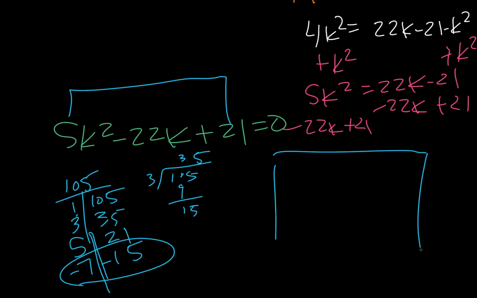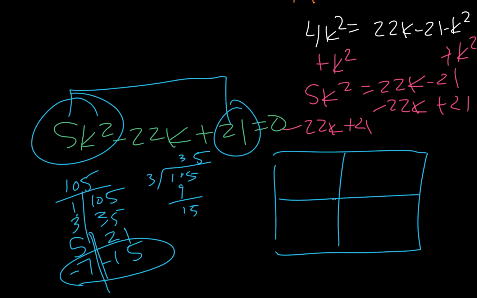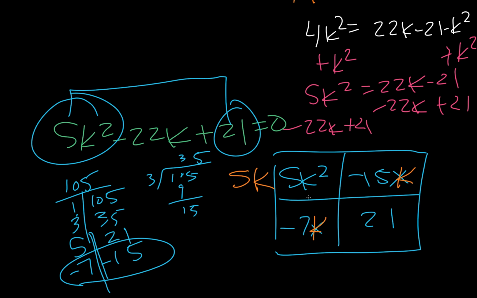So we do our box method. Put our first and our last in there. 5k squared, 21. And then break our x into 7x and 15x, both negative. Pull out the pieces we can. So this is going to be 5, these are k's actually. 5k, pull out 7, pull out k, pull out 3.